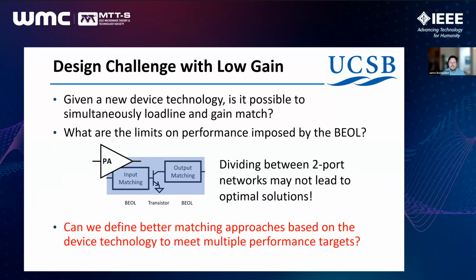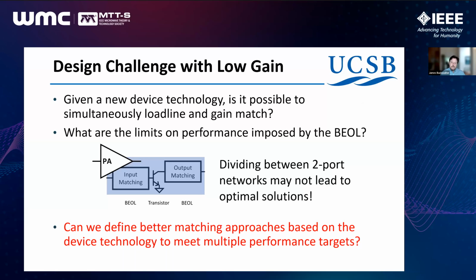So given this device technology, we'd like to understand a little bit more about how we can best match the load line and get a gain match, and understand some of the performance limitations that are imposed by the back end of the line of the technology. This is a two metal layer process.